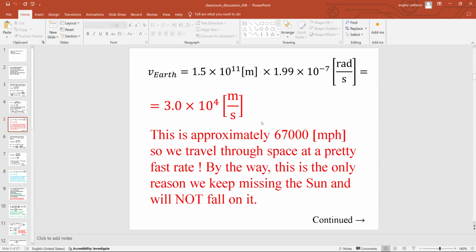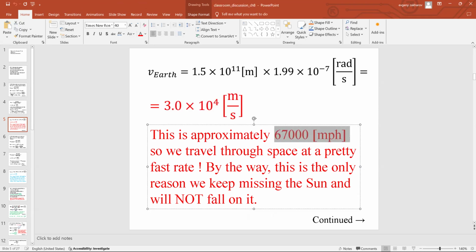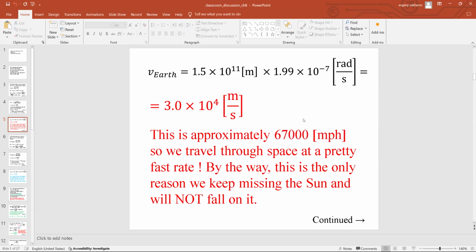And once you do this multiplication, you get 30 kilometers per 1 second. This is approximately 67,000 miles per hour. This is how fast the Earth moves through space with respect to the sun.